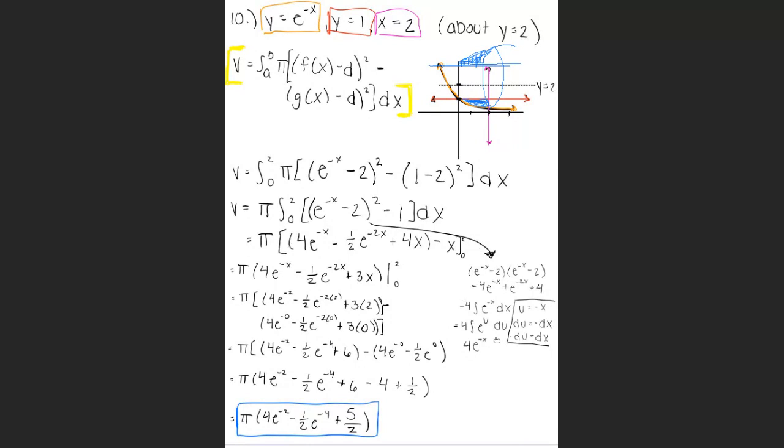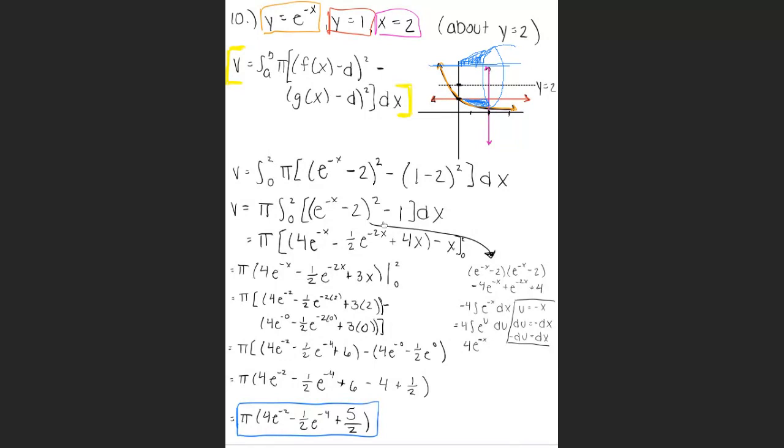This portion is just me simplifying e to the negative x minus 2 squared, and then I found the antiderivative of negative 4e to the negative x, which I found to be 4e to the negative x. So then I found the antiderivative of this part, which is 4e to the negative x minus half e to the negative 2x plus 4x. And then the antiderivative of negative 1 is just negative x, from 0 to 2.